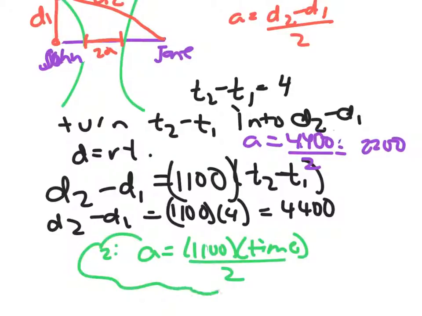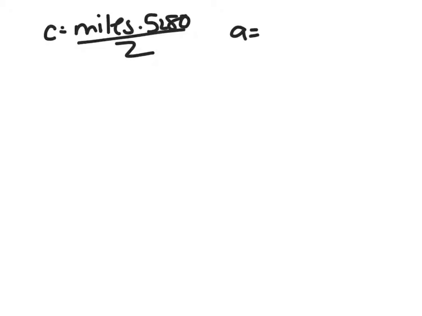That gives you your next number. Okay. I'm going to add another screen. So to summarize so far, to get your C, you're doing miles times 5,280 divided by 2. To get A, you're doing the speed of sound, whatever I give you, times time, divided by 2.